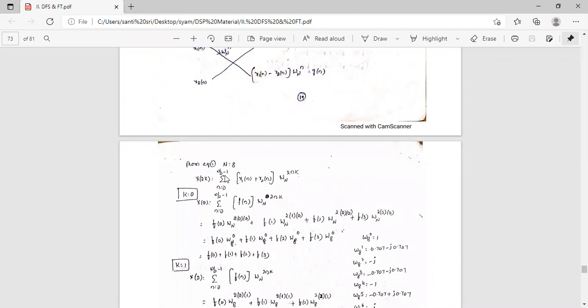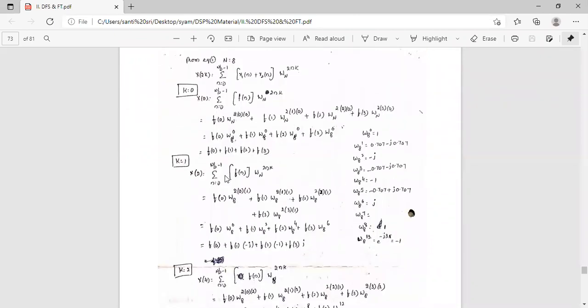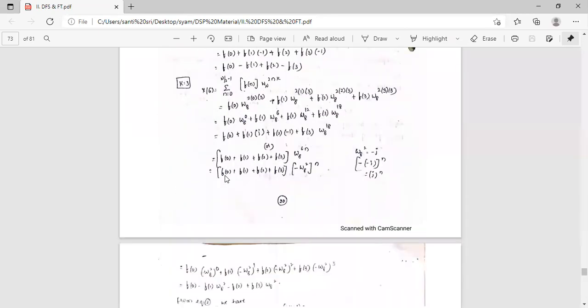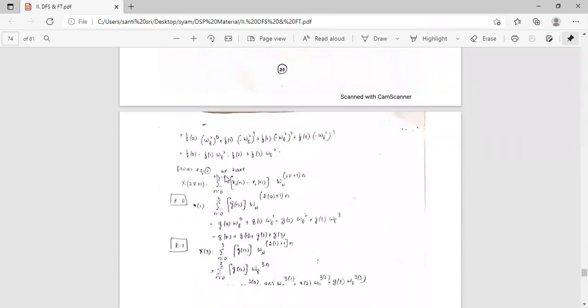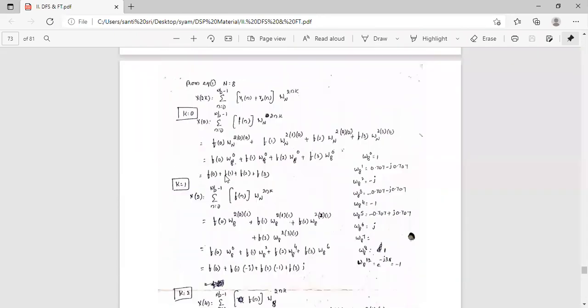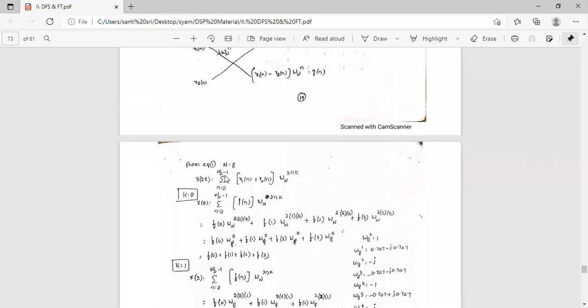So 0 to 3, and n is also varying from 0 to 3.